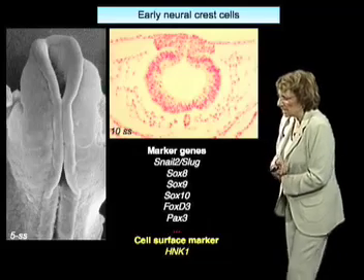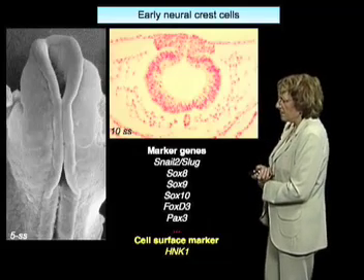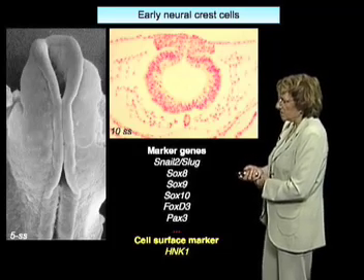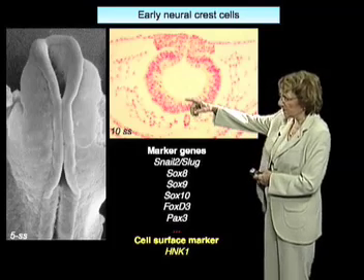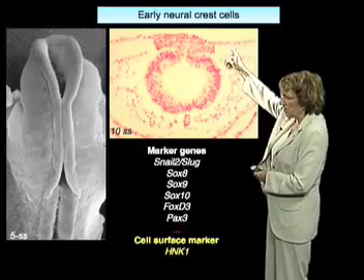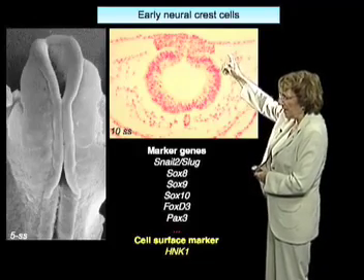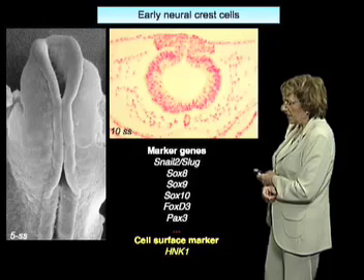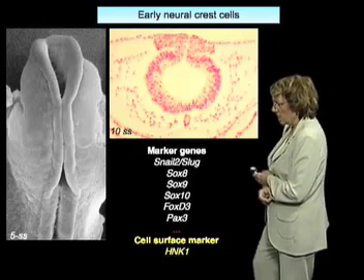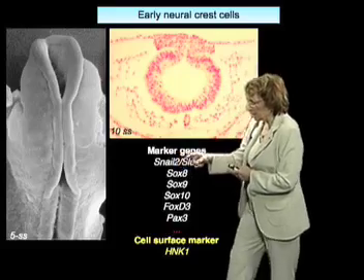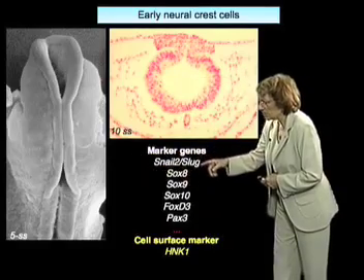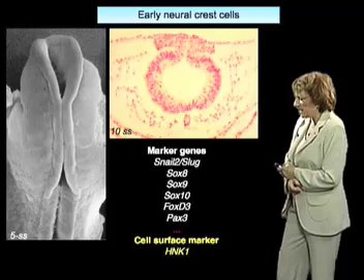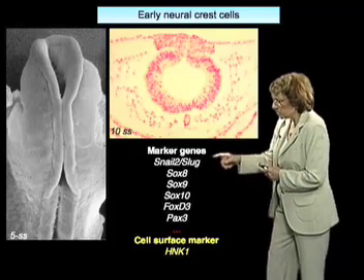It has been shown rather in recent years that at this stage the neural crest cells can be distinguished from the cells of the neural primordium, the cells of the neural tube, and also from the cells of the superficial ectoderm, by the fact that they express a certain number of genes, and particularly transcription factors, which are listed here, for example, Slug, genes of the SOX family, SOX8, 9, and 10, FOXD3, and also PAX3.